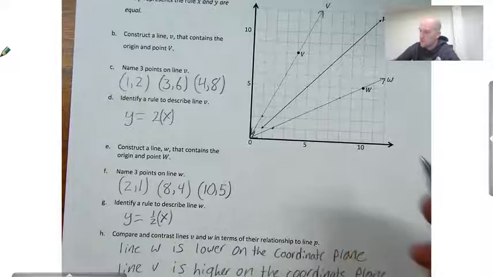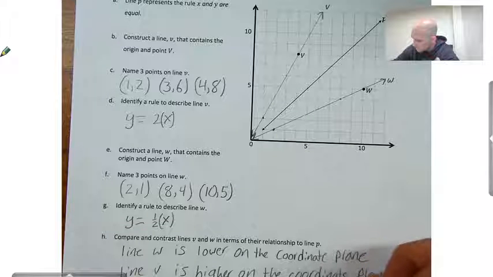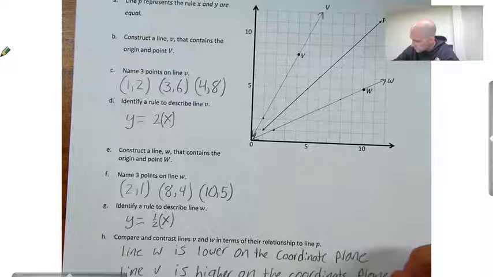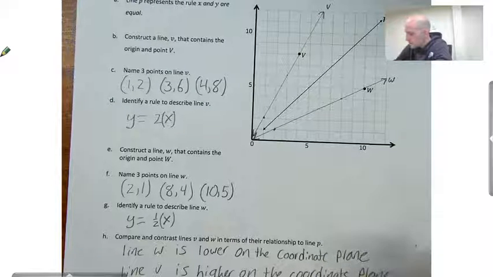And they both go through the origin as well. All 3 of them go through the origin. So I'll put that down here. All go through origin. That's where they intersect.